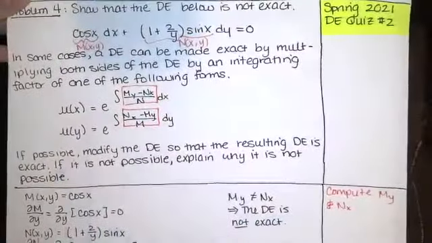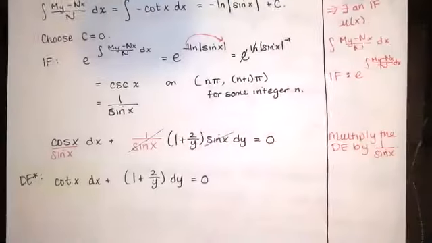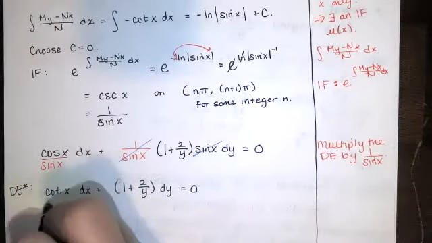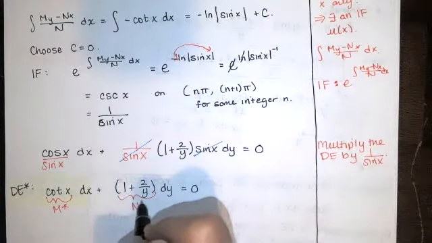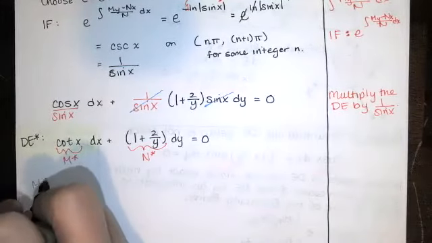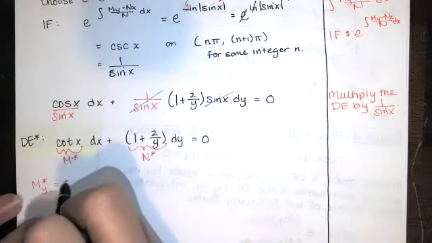And we were asked to modify the DE, and then we're done, because that's all we were asked to do. Now, we were not asked to verify that this differential equation is exact, but I'd like to verify it. So I'm going to call this my new M, so I'll call it M star, and this my new N star. The partial of M with respect to y, the new M, well, there's no y's in that, is 0.